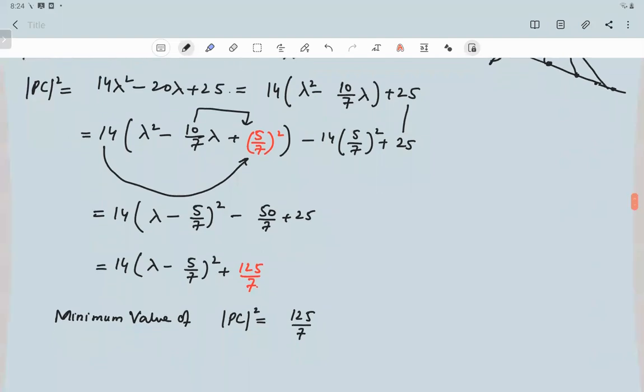And PC is equal to the square root of 125 over 7, or 25 into 5 over 7 under root, and it becomes like this. So this is the minimum, smallest, shortest distance of the point C from the line passing through points A and B.